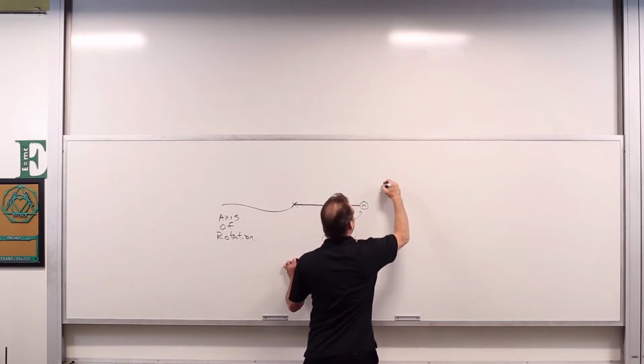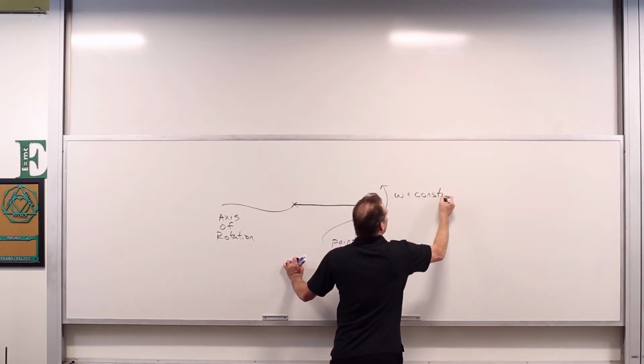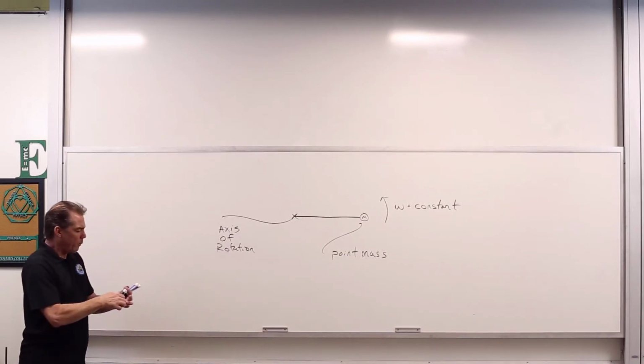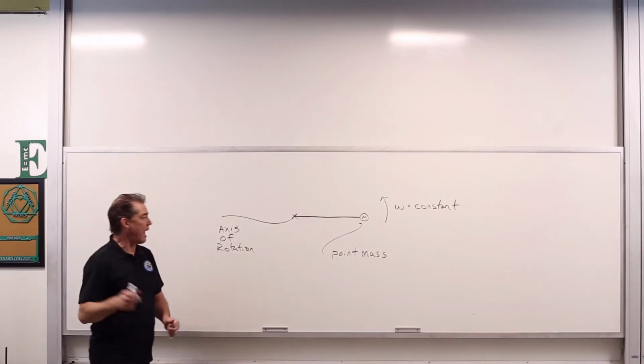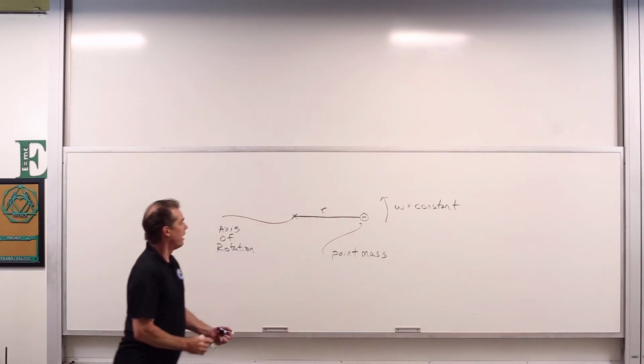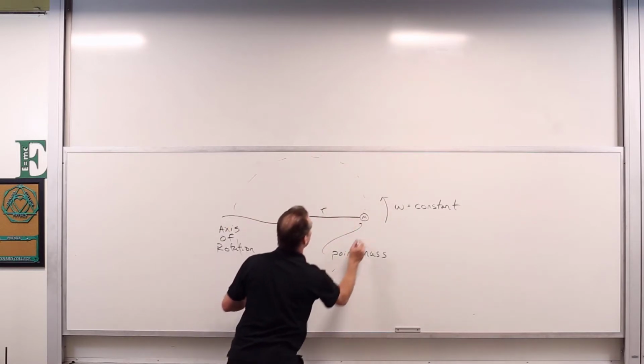It doesn't necessarily have to be constant, but let's just say we've got omega is equal to a constant rate here. So if we want to know how fast this object's actually moving through space, what does it depend on? Well, it depends on the radius of this circular path that this object will ultimately trace out.